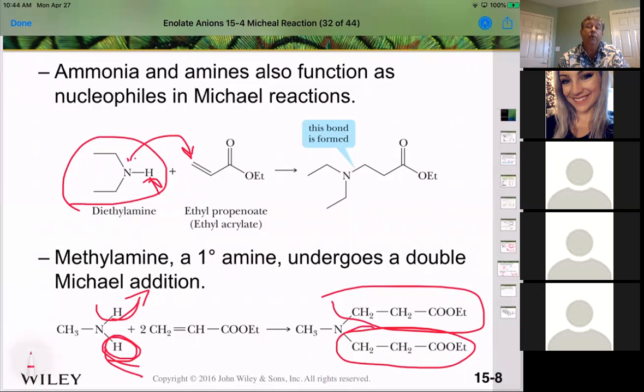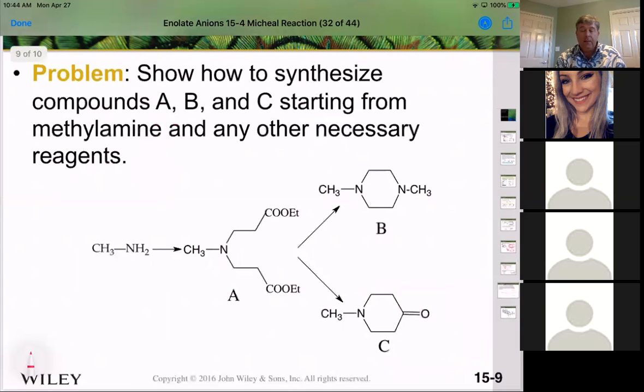You typically move to your tertiary amine, but it is always going, so the lone pair is acting as the nucleophile and adding to that beta carbon. It doesn't attack the carbonyl, it attacks the beta carbon of the unsaturated system. And we can use that to our advantage for closing some rings, etc.